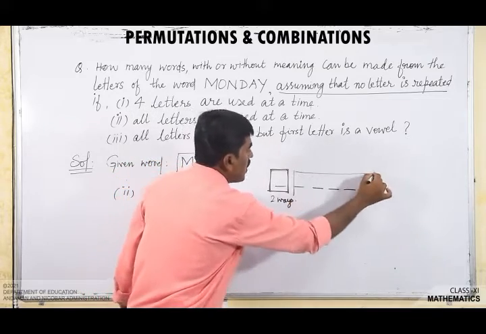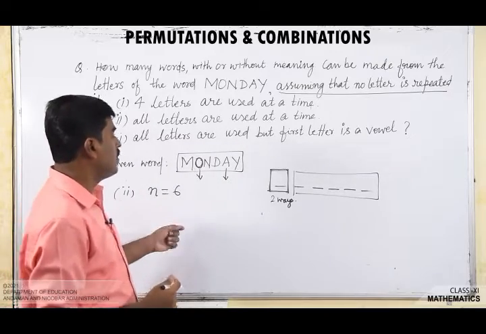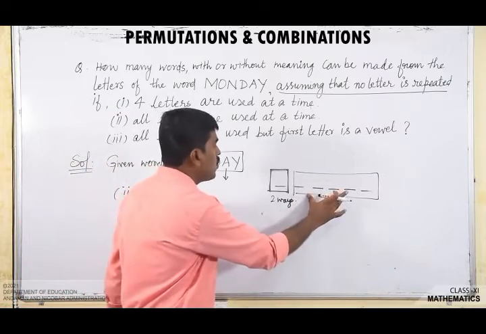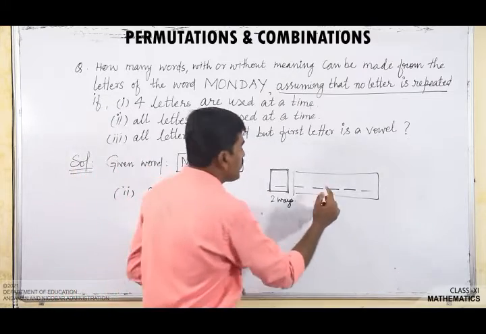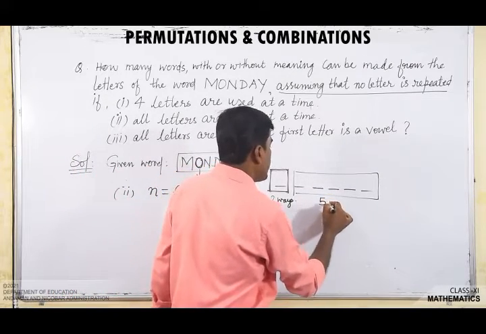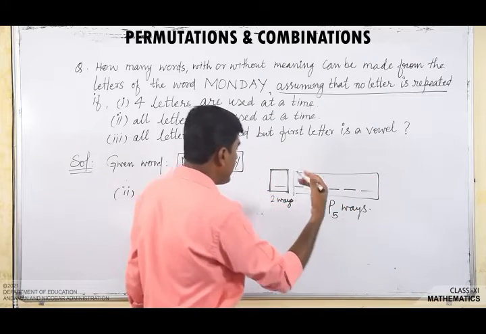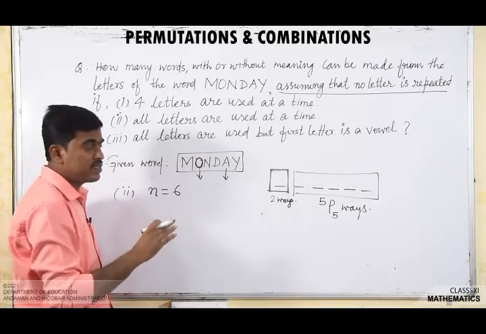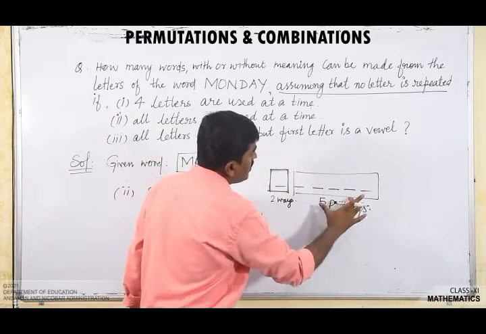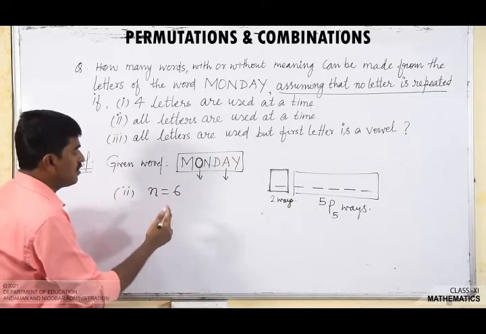And the remaining 5 letters can be filled in how many ways? That means we have to take the remaining 5 letters, we have to take all the letters here. So it can be filled in 5P5 ways, as how many letters are remaining now? 5 letters, and we have to take all the letters. So we can arrange it in 5P5 ways.